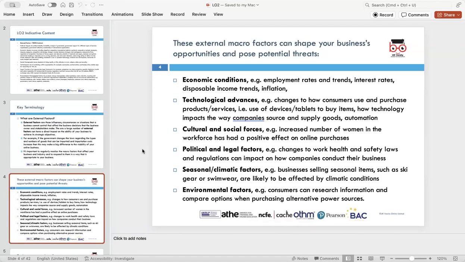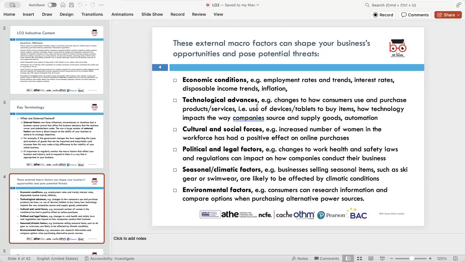These external macro factors can shape your business opportunities and pose potential threats. So basically, your company's chances and possible dangers can be influenced by the following external macro factors. It is important to consider economic variables such as employment rates and trends, interest rates, disposable income trends, inflation, and other related factors.